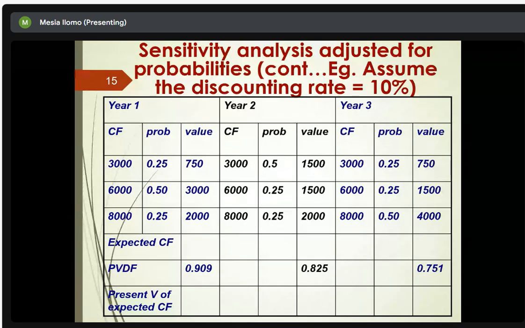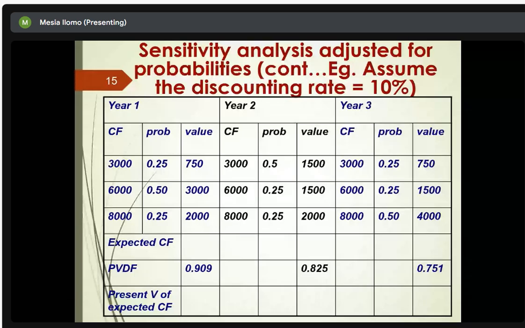You have equal amounts of cash flows from year one to year, I don't know, what was that, 16 and so forth. So now here, and equal probabilities.